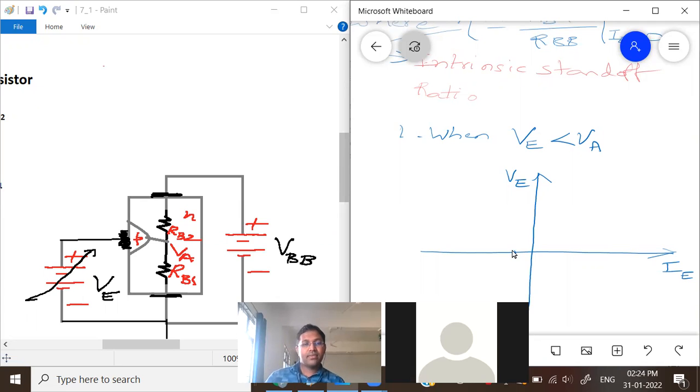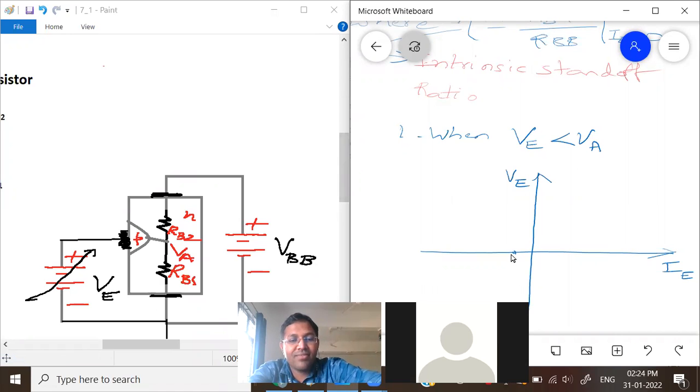That current will flow into the emitter, from VBB, like this. Leakage current will flow like this. So because of that, the current is negative, and I'm representing a small value here on the x-axis.